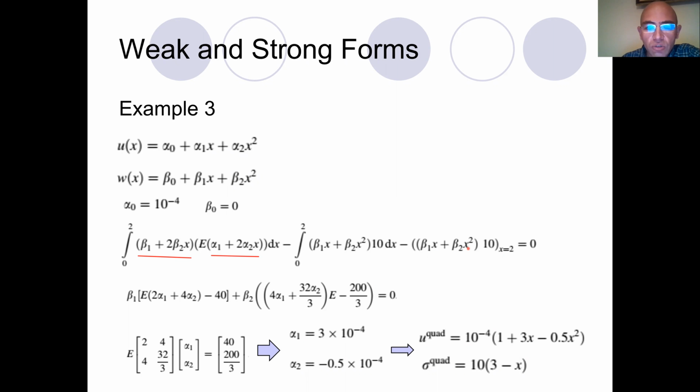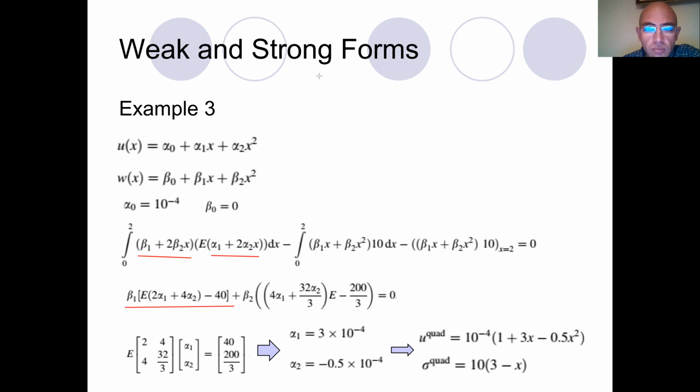Now, if I do the calculation and collect the terms, and take out the beta 1 and beta 2 outside the parentheses, what I'm going to get is these two expressions.